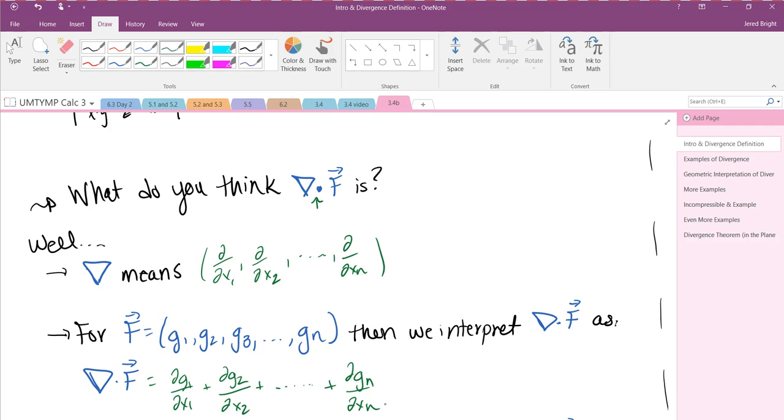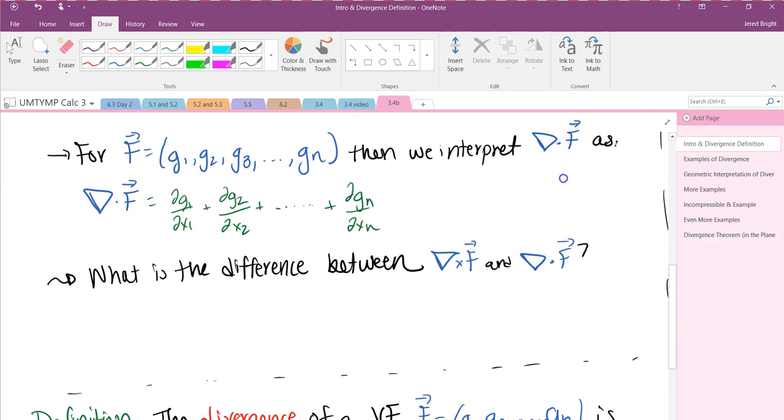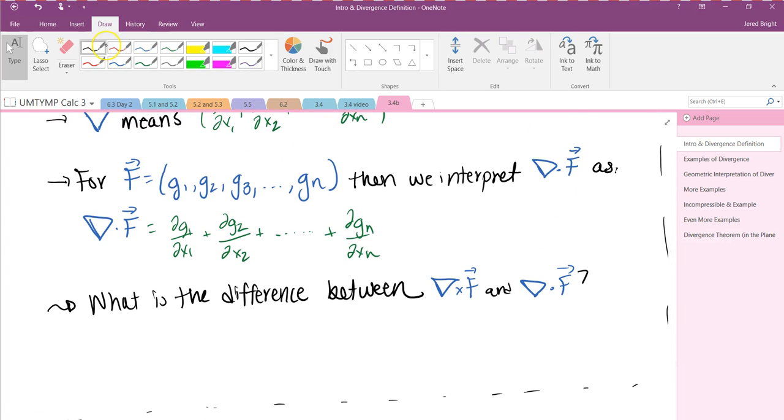That's all it is. But then remember that when we do dot product and cross product, we get something that's very different. We know that generally, when we do the gradient dotted with f, this is a scalar, versus when we do the del operator across f, and I wrote a vector sign there.